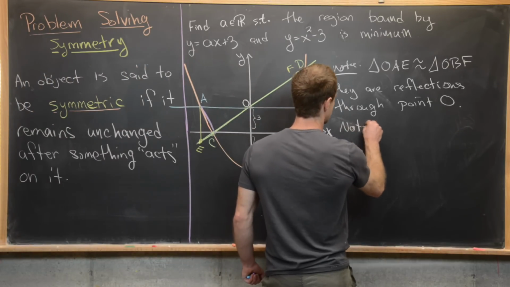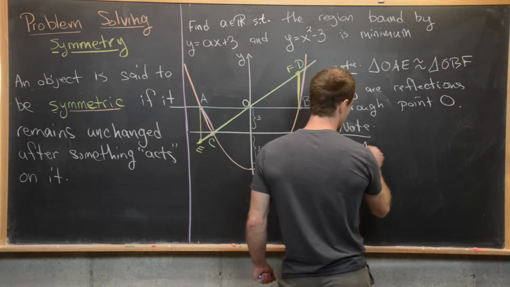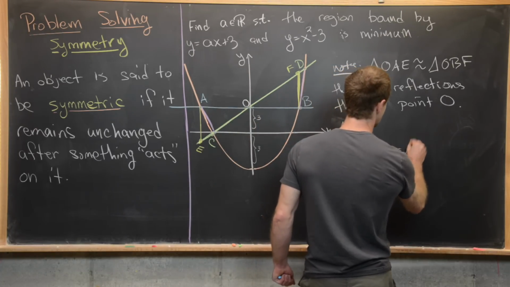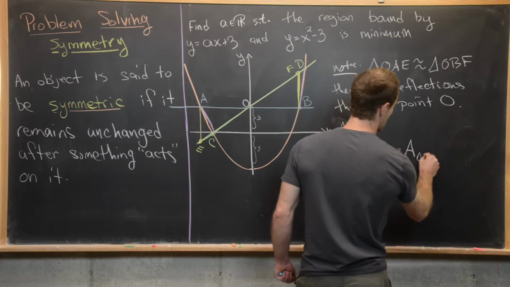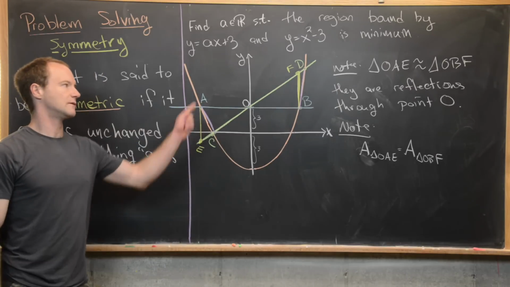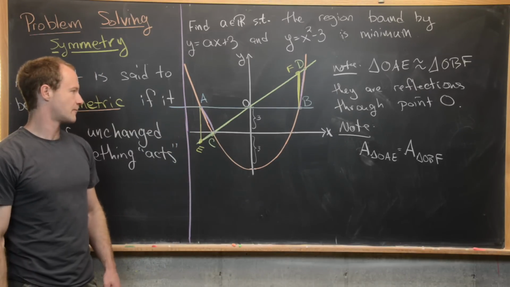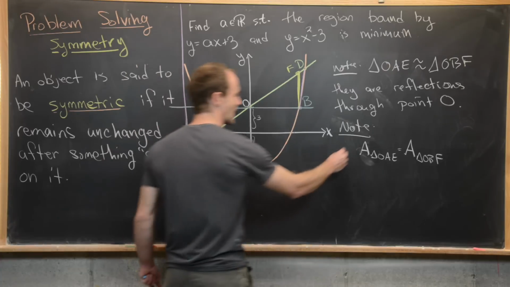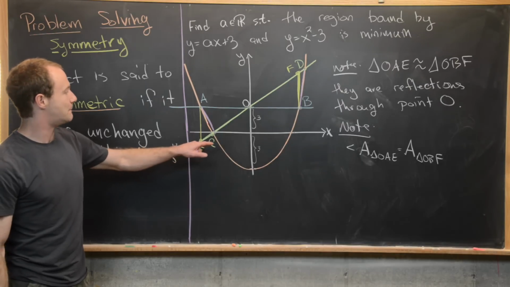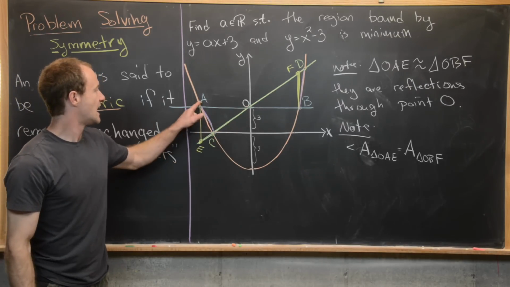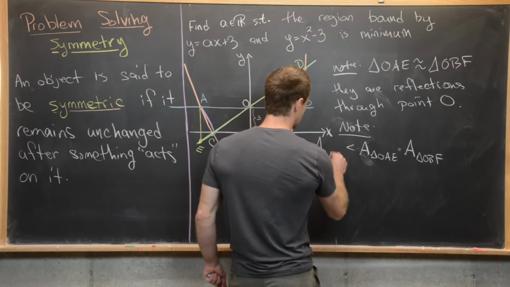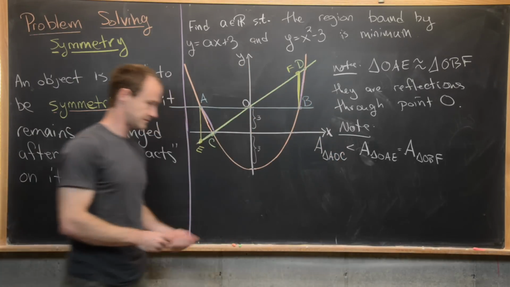So let's notice we have the area of triangle OAE is equal to the area of triangle OBF. So why is that? Well, that's because they're congruent to each other. But then let's also notice that the area of triangle OAE is going to be bigger than the area of triangle AOC.